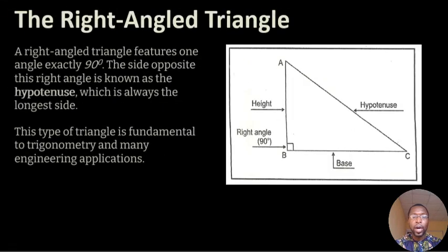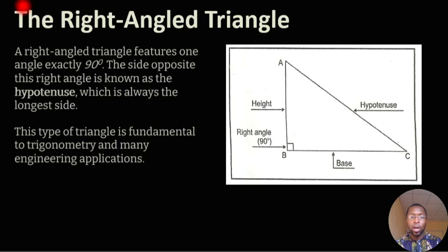Now we look at the right angle triangle too. For the right angle triangle, we've said it earlier, the longest side is known as the hypotenuse, and angle 90 degree there is known as the right angle. It has height and it has base. The base is the horizontal part of the right angle triangle, while the height is the vertical part.